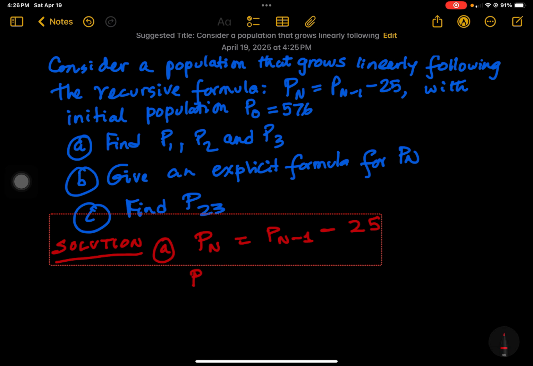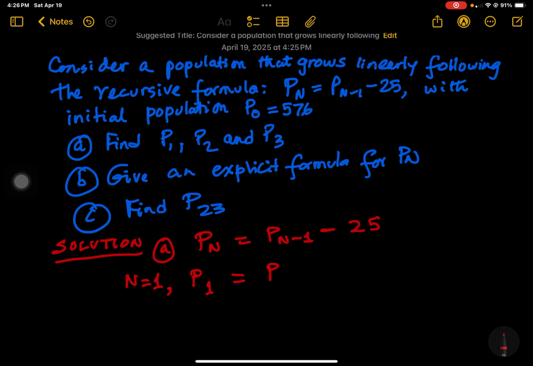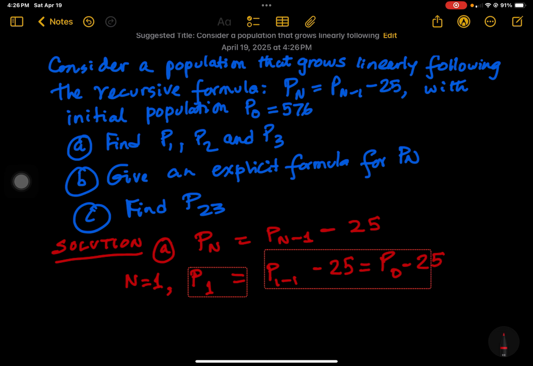So P1, n equal to 1, is equal to P1 minus 1 minus 25, which is P0 minus 25. Remember, they have given me the P0 value.